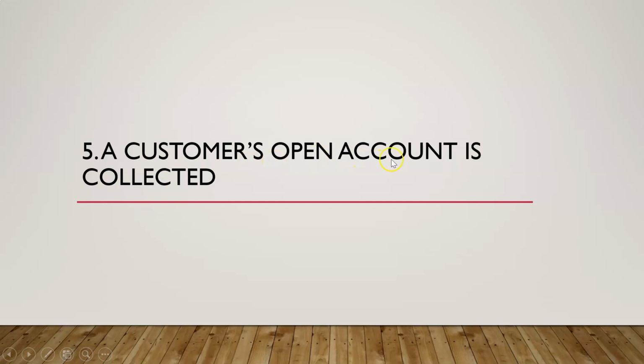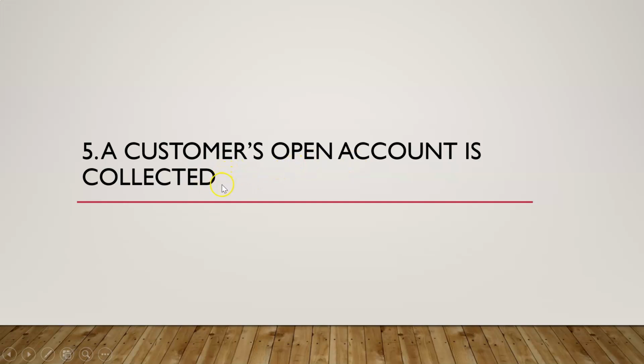A customer's open account is collected. If you remember, during the definition of operating activities, I said that collection from customers is also part of operating activities, because to run the business you are collecting these accounts and converting them into cash.